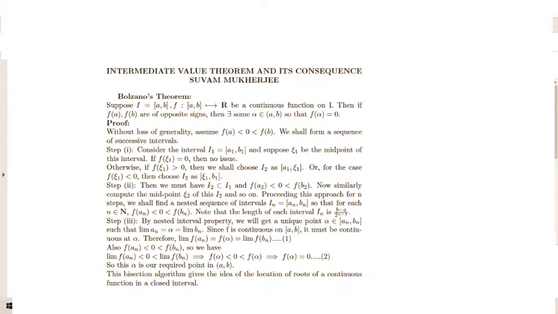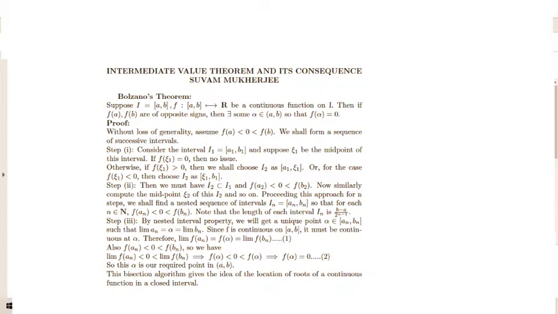So that means we are trying to find some tricks to locate the roots of a continuous function by means of a sign change. In this case we have to use the bisection method. Initially we will choose 2 points, and in the next step we will bisect that interval.